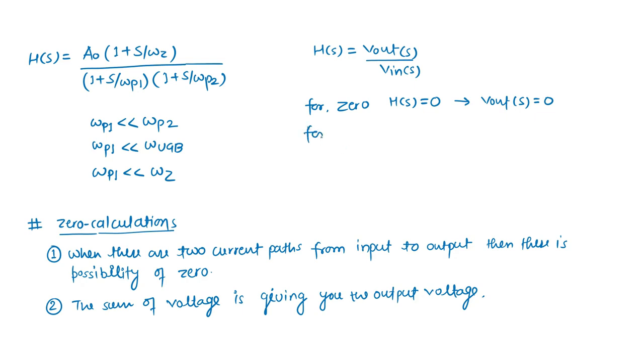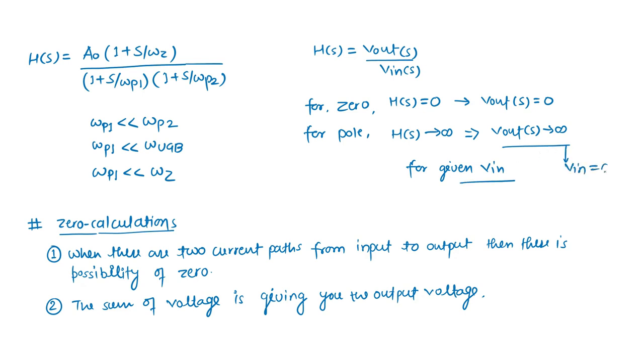And for pole calculation, H of s should be infinite, and for that we see your V out of s should be infinite, for a given V in. But for this analysis, we make V in shorted.